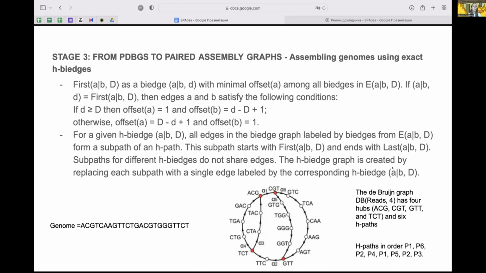Next, we construct graph DB as it is shown on this slide from our genome.